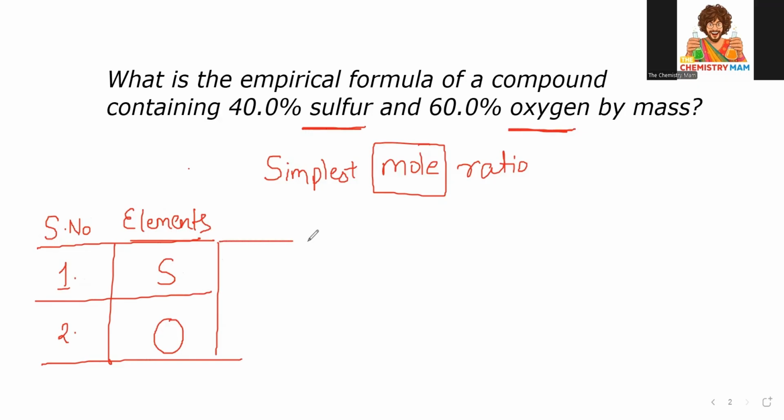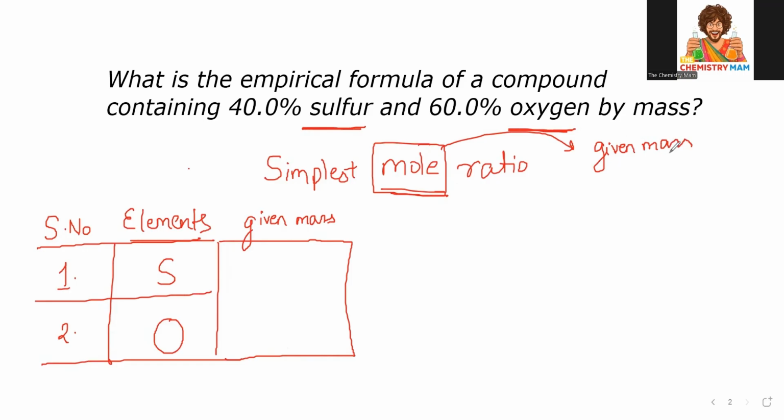The next column that you are going to make is of given mass, because to calculate moles, as we understood in video number one, to calculate moles we need to have the given masses, because number of moles is nothing but given mass by molar mass. The formula for moles is given mass by molar mass. So working on those lines itself.